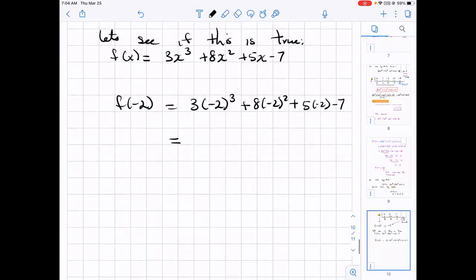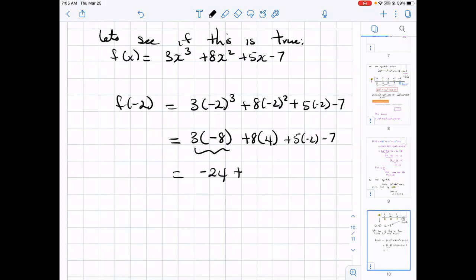Negative 2 cubed gives negative 8, plus 8 times negative 2 squared, which was 4, plus 5 times negative 2, minus 7. Well, this becomes minus 24 plus 32 minus 10 minus 7.